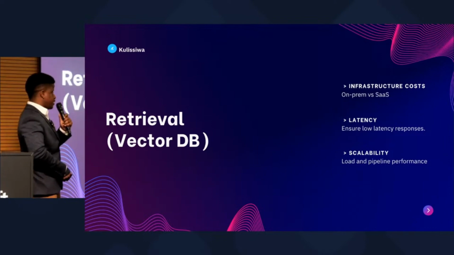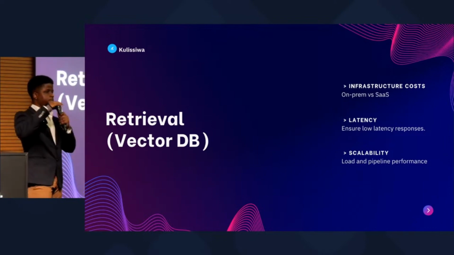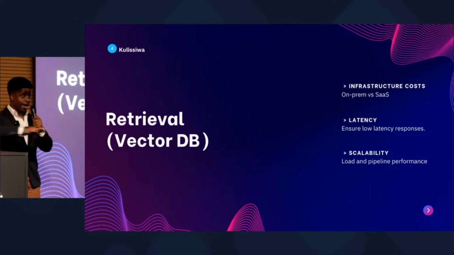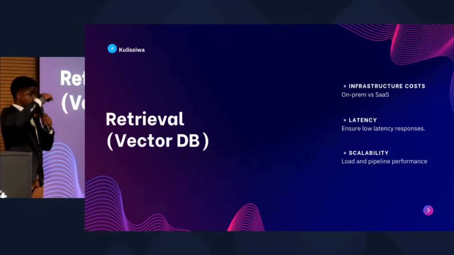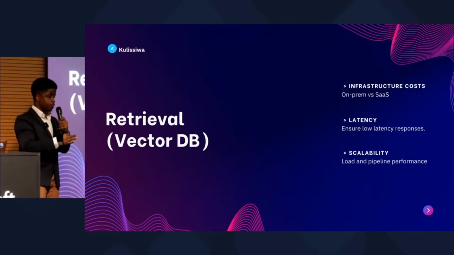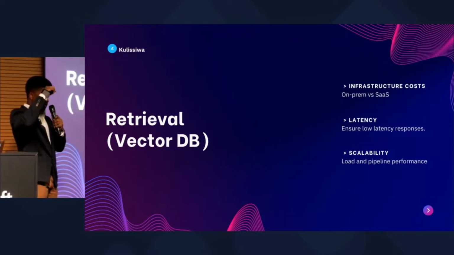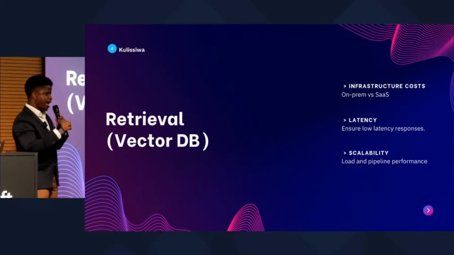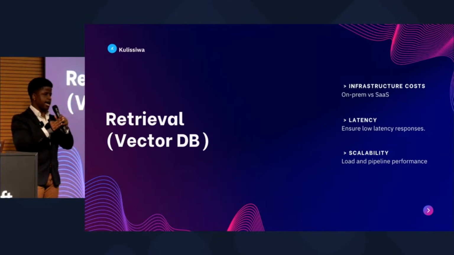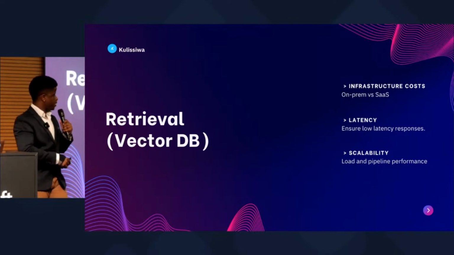And then scalability. So make sure that your entire RAG pipeline can scale. Let's say you increase the number of queries that your vector database is getting at a particular second, how will it behave? If you use bigger embeddings of, let's say, 2,000 dimensions, how will it behave?